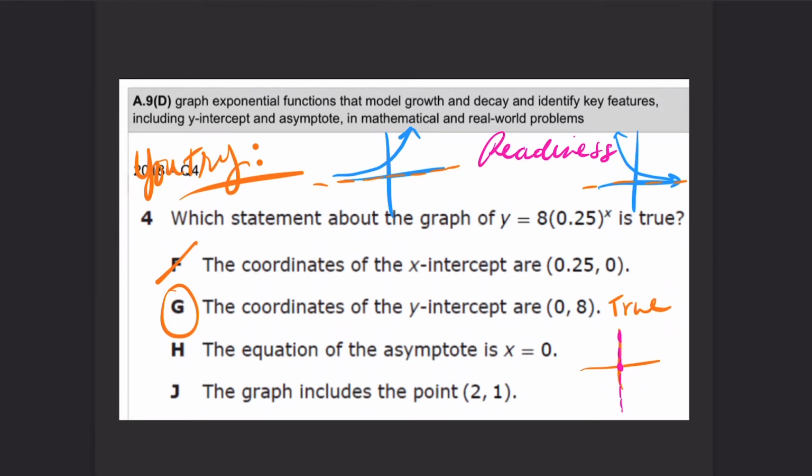Earlier I mentioned that the horizontal asymptote will be at y equals 0, because it crosses the y-axis and not the x-axis. So H is not it. The graph includes the point (2, 1). You can graph this, look at the table, and you'll see that this point is not part of that equation. So the answer is G.